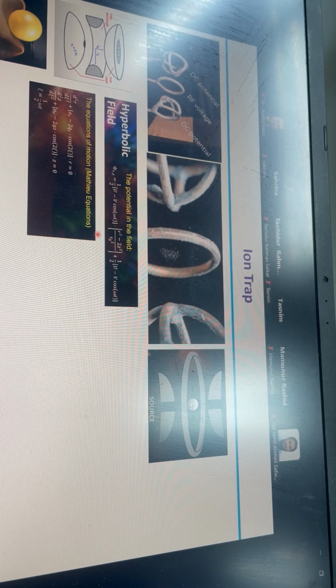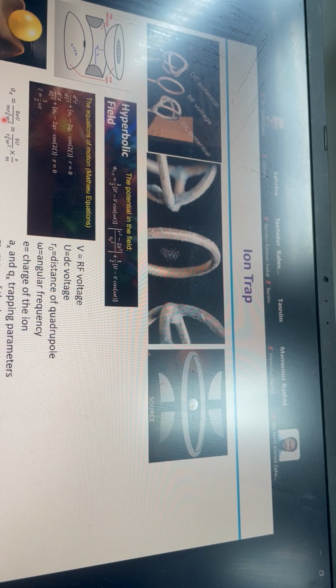Okay, so these hyperbolic fields can be solved by the Mathieu equation. This Mathieu equation gives us a lot of parameters. Okay, so these are the a_x and q_x. These are trapping parameters. I know that when you see an equation, it sometimes blows your mind.